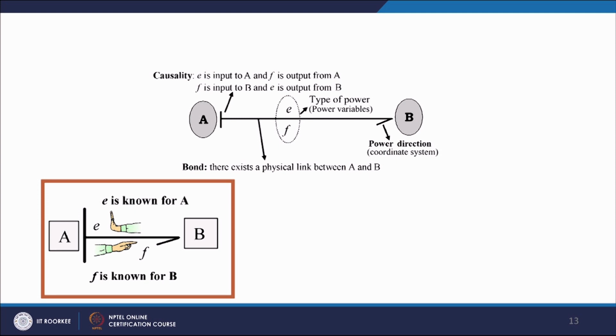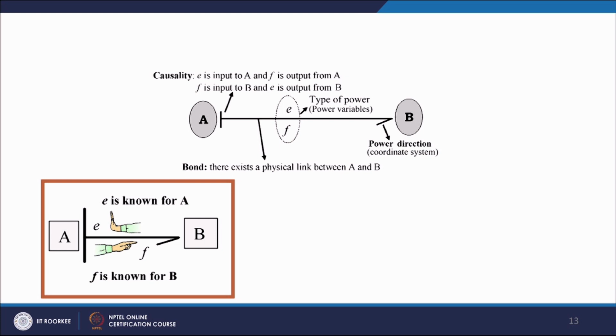Here effort and flow represent the power variables, and the stroke here basically means that the effort information is being known for A, and here there is no stroke, it means that the flow information is being known for B. So, the causality means E is input to A and F is output from A, or I can say that F is input to B and E is output from B.